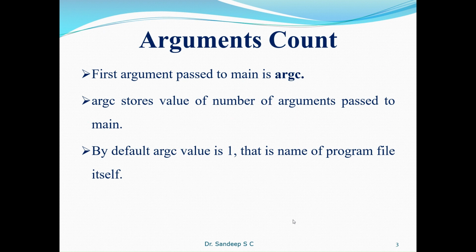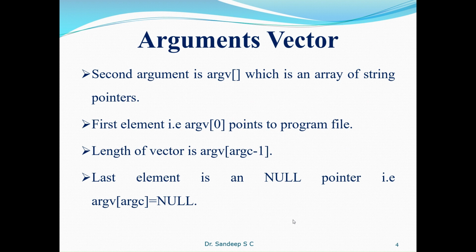Then the second argument we have is argv, which is an array of string pointers. I have just mentioned it as an array, however it is not exactly an array. It is very similar to an array and is called a vector, so it is called the argument vector. We know that the properties of a vector are very similar to those of an array.